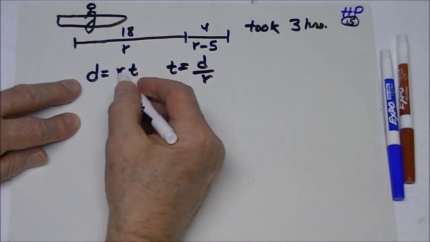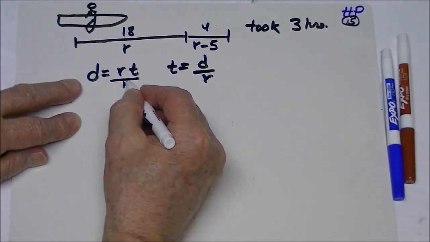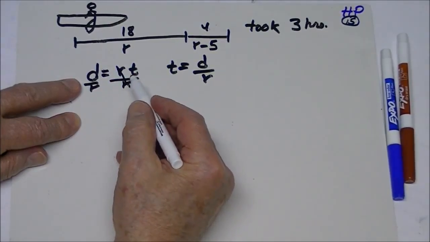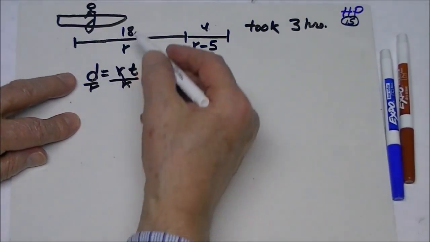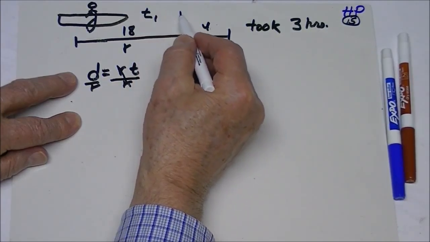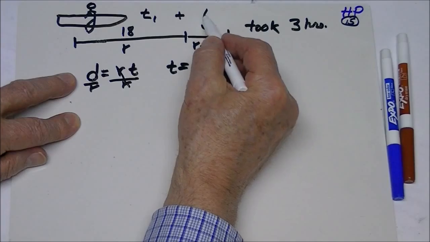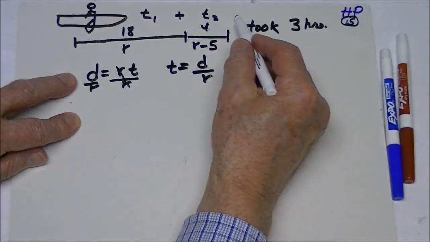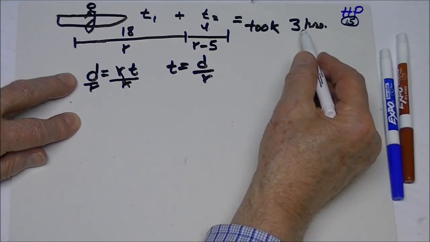And we got that by just dividing both sides by r. The r's cancel out, and that gives us time. So this is the first amount of time plus the second amount of time, and that's going to equal the total time.